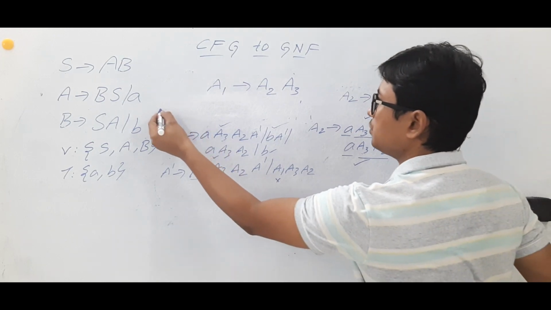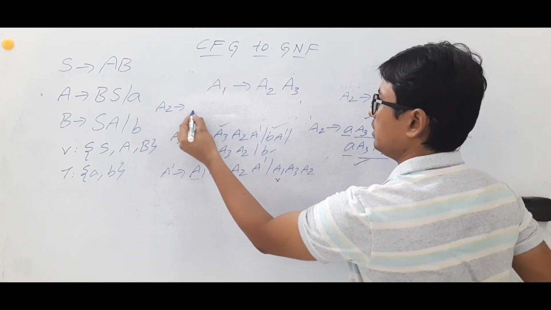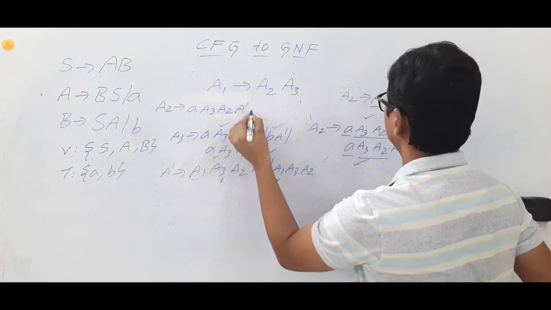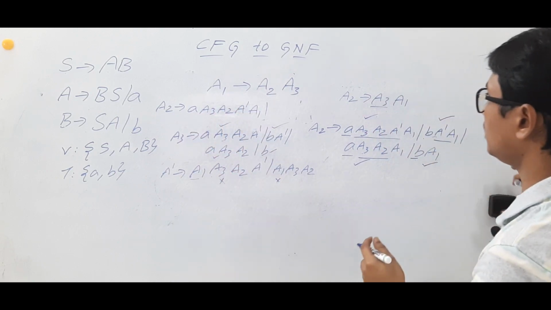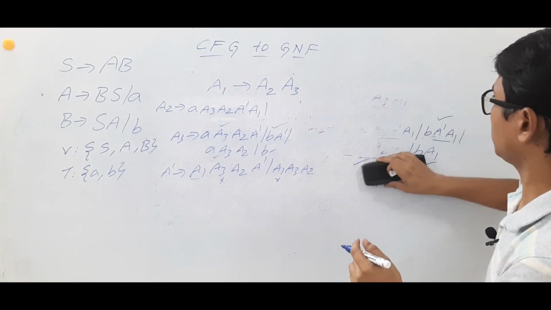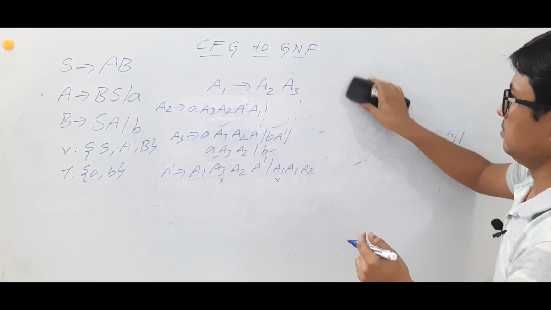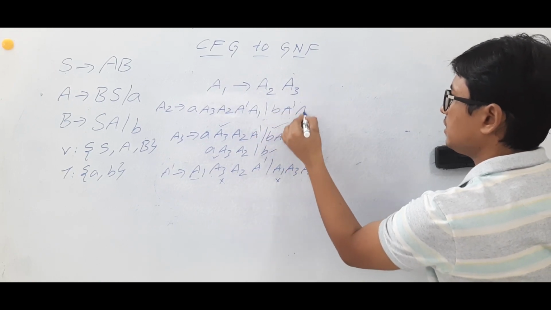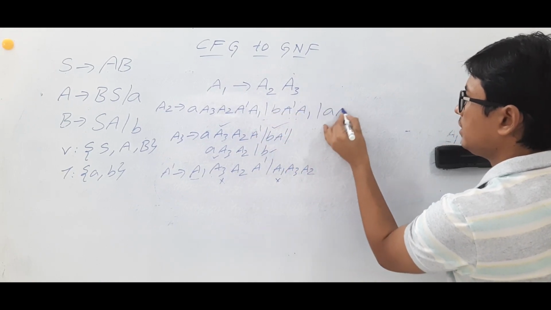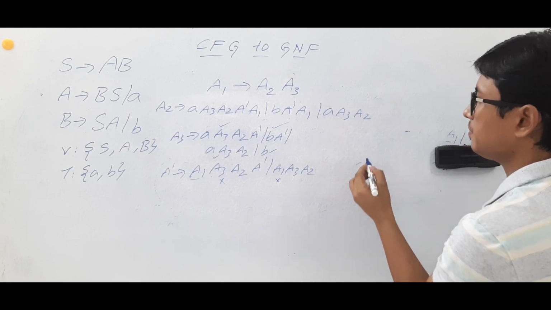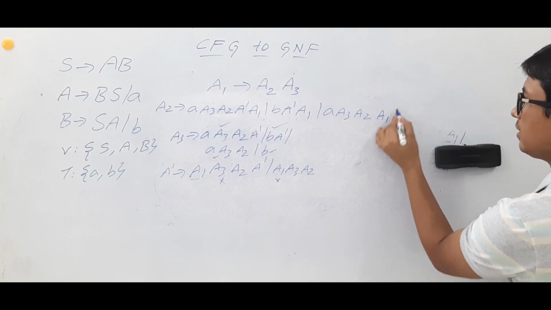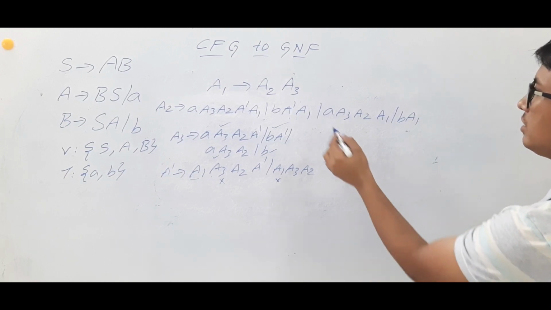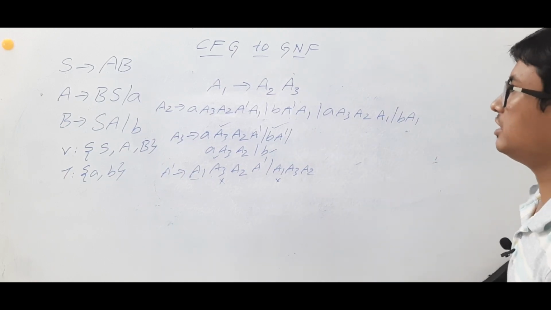A2 we got as A, A3, A2, A dash, A1, or B, A dash, A1, or A, A3, A2, A1, or B, A1. This is my A2 production, and all these A2 and A3 are in the GNF already.